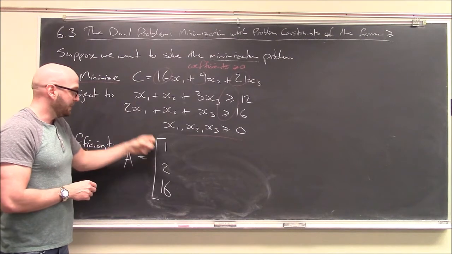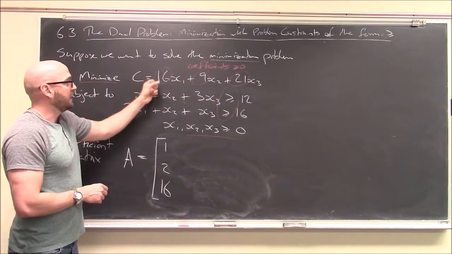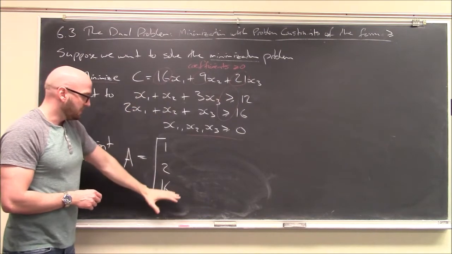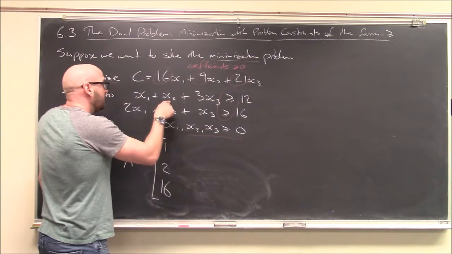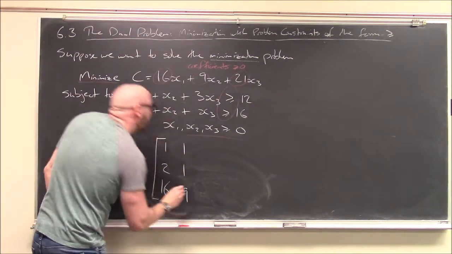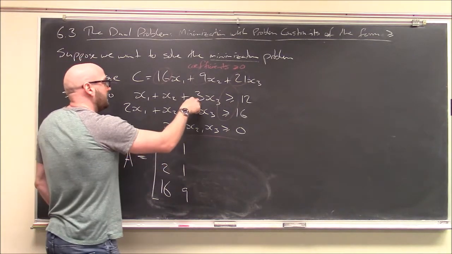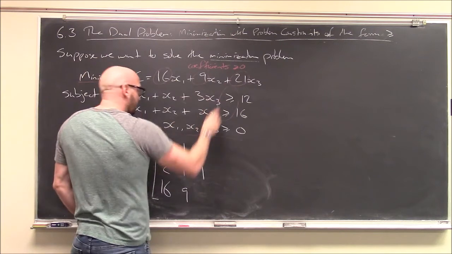So inequality 1 is row 1, inequality 2 is row 2, and at the very bottom I'm going to put the objective function coefficients. So I've got 1, 2, and 16. Coefficients of x2, I've got 1, 1, 9. Coefficients of x3, I've got 3, 1, and 21.